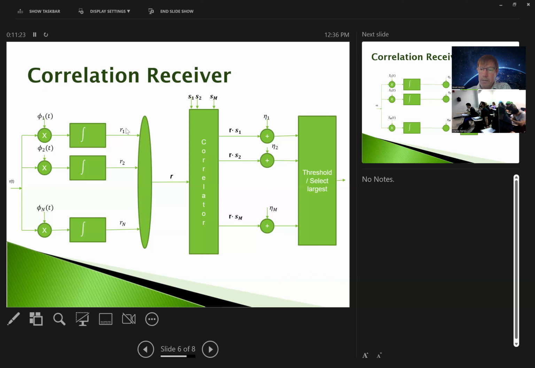U sub z represents the unit vector along the z-axis. It is also orthogonal. In fact, they're all mutually orthogonal. I'm trying to help you relate this to something that you are familiar with.